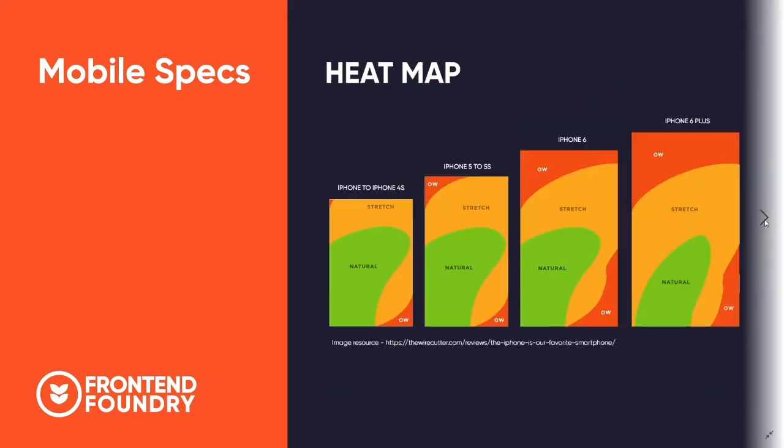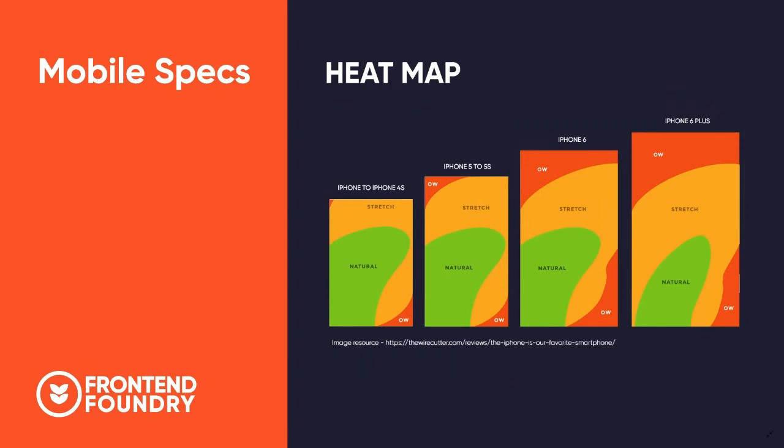Okay. Next is the heat map. At first sight, it may seem that the layout of mobile UI should follow the left to right, top to bottom rule. This is both true and false. If we take into consideration the eye movement map, it may have a diagonal shape pointing from top left to bottom right, but when it comes to clicks, something weird happens.